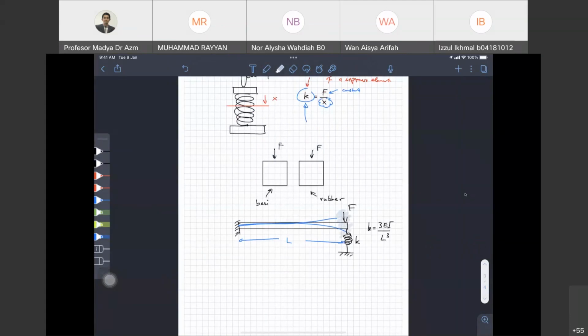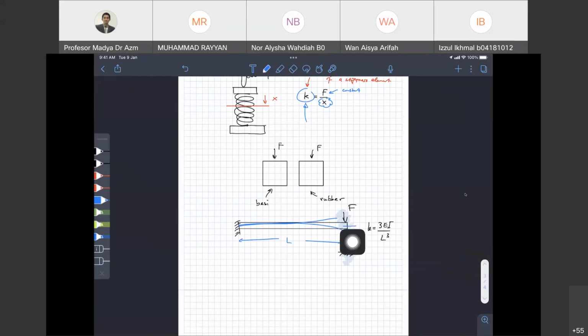So nanti awak akan dapat konsep parallel dan series. So untuk yang ini dia parallel karena dia sama.